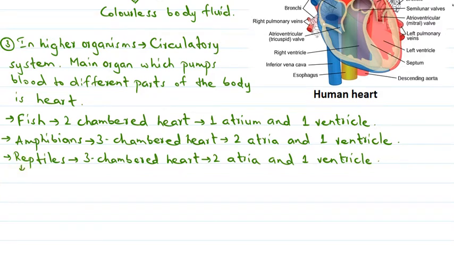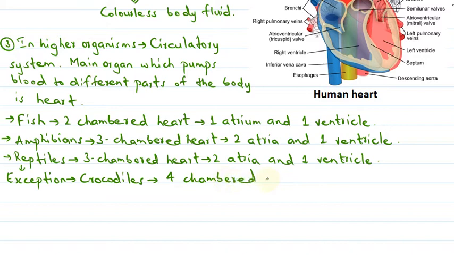So what is the exception? The exception in case of reptiles is crocodiles. Crocodiles are also reptiles, but the exception is that crocodiles possess four-chambered heart, unlike other reptiles that possess three-chambered heart.